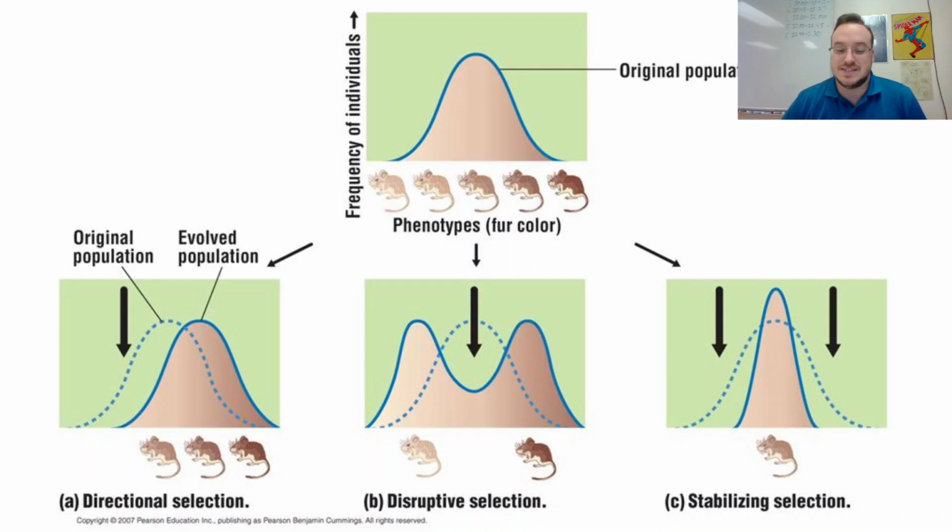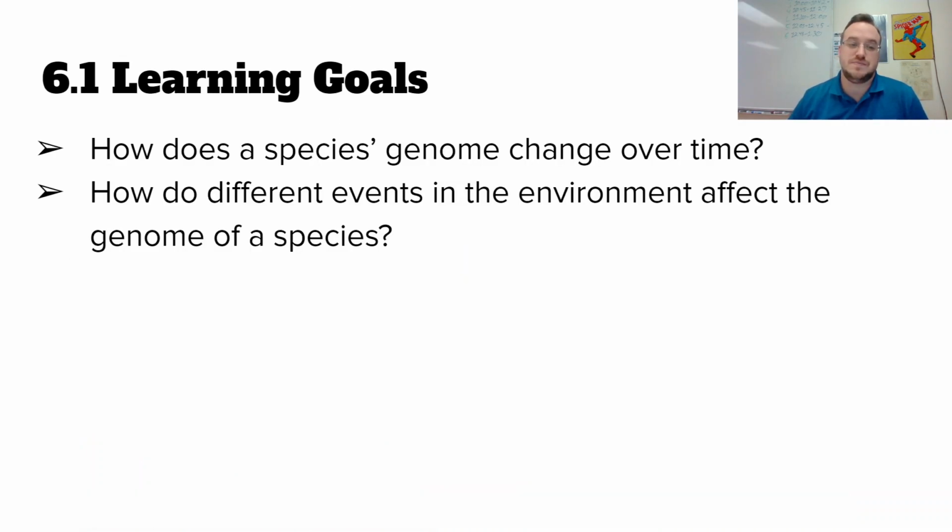A stabilizing selection would select against the lightest and the darkest, but the medium fur color phenotype is going to get passed down. So you can see how each of these is going to represent a different response to a selective pressure. Right? We're going to go over this more in the upcoming week if you're part of my class.